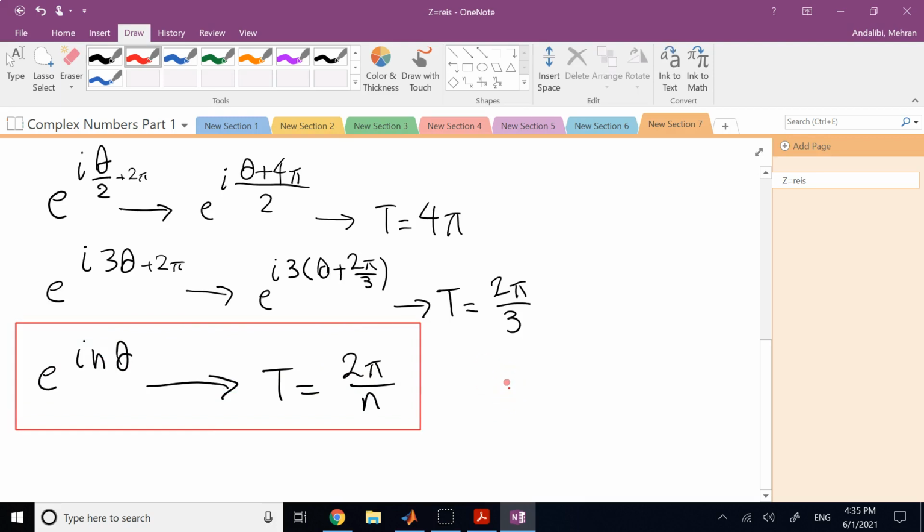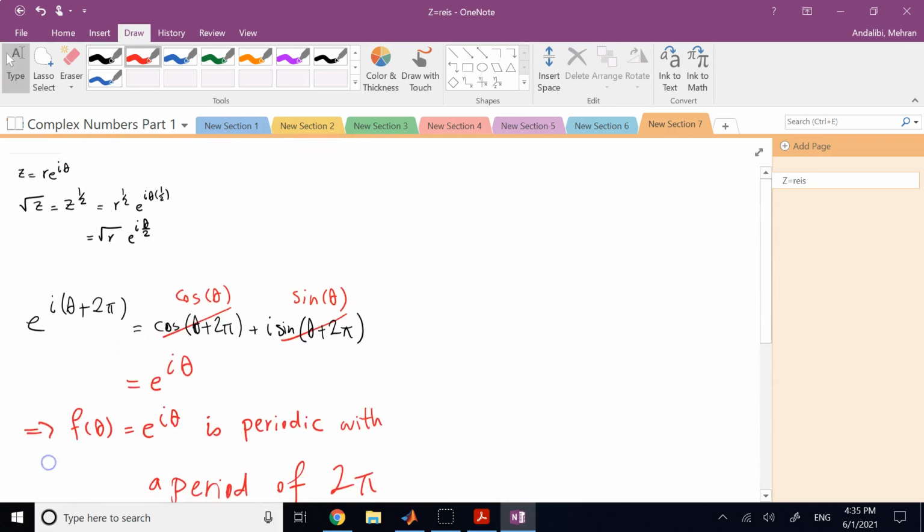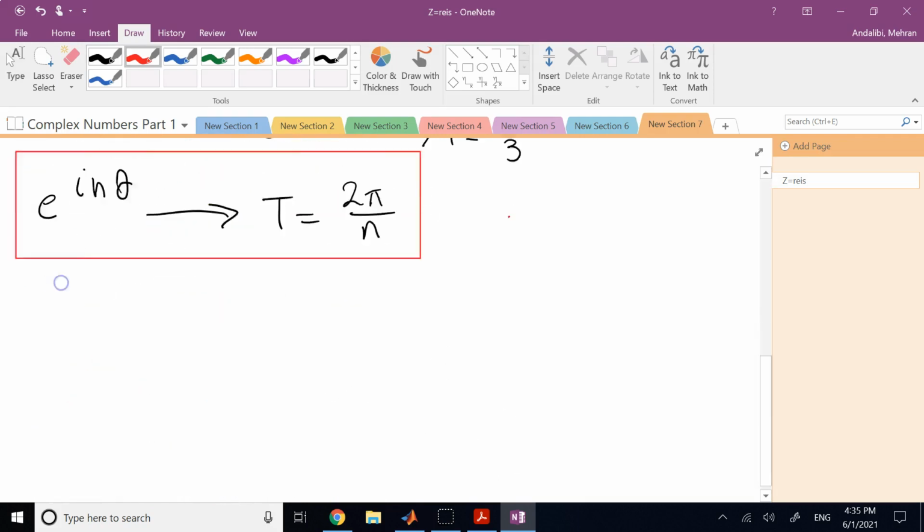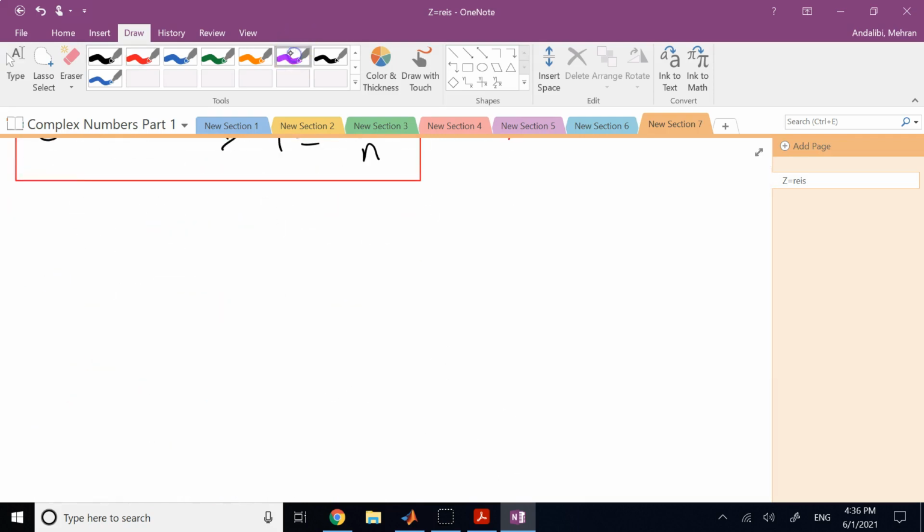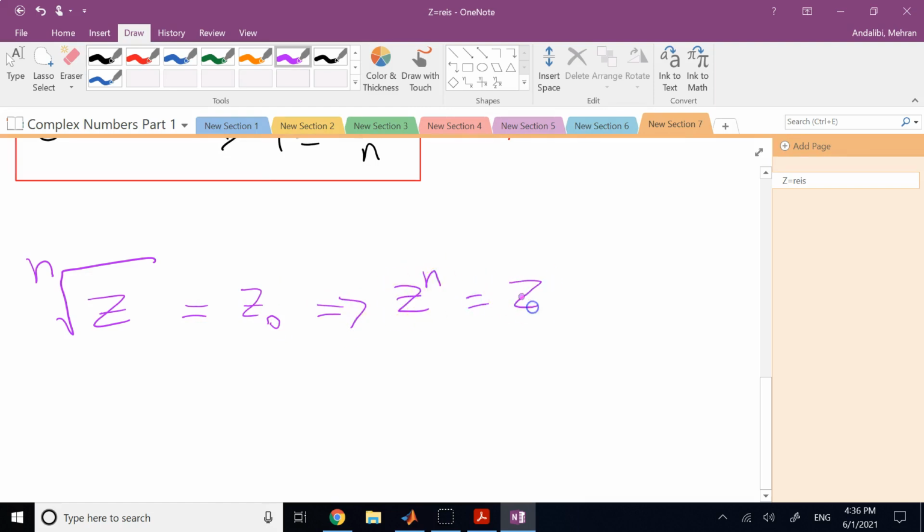Okay, good. So now look at this. Let's go back to taking the nth root. When I say, what is the nth root of z? Here I say, well, assume that the solution is z naught, whatever you want to call it. What does that mean? It means that z to the power n is the same as z naught. But what is z to the n?